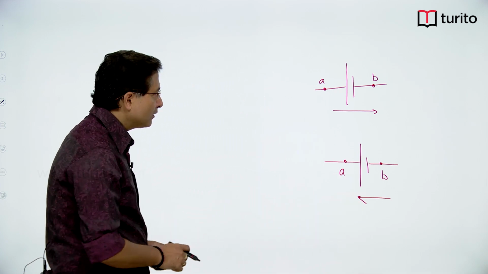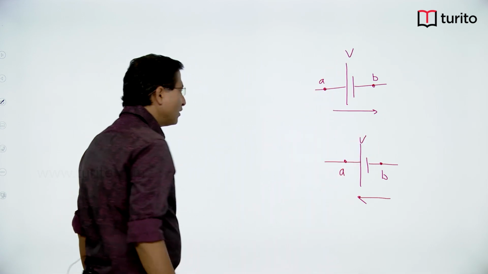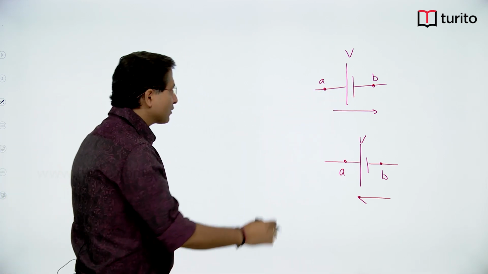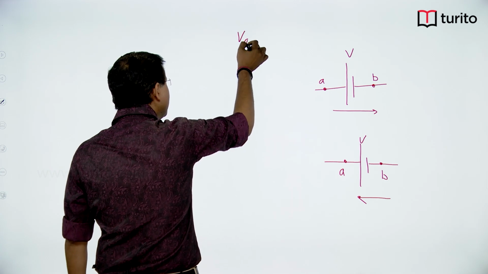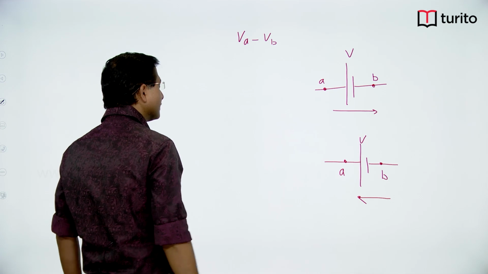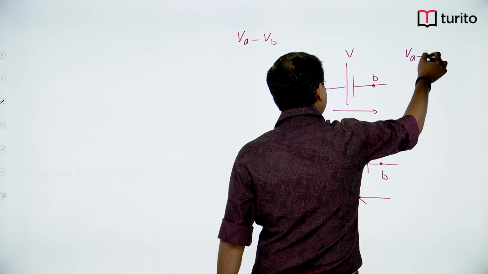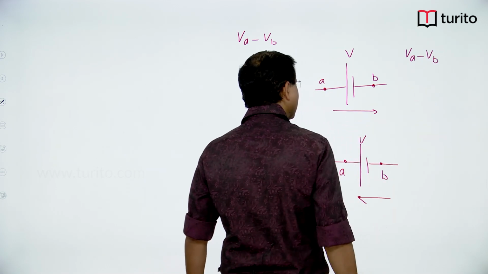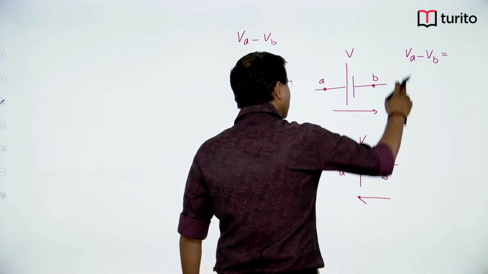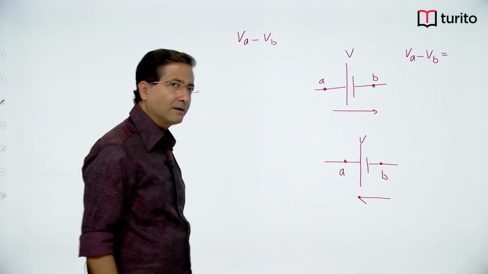For that, if the potential difference here is V, as you can see, when you want to write VA minus VB, and in this situation, as I am going from A to B, I am writing VA minus VB, right.